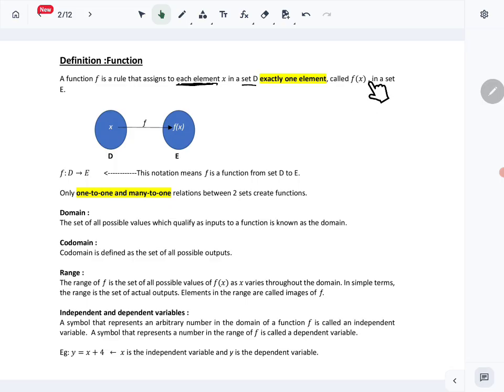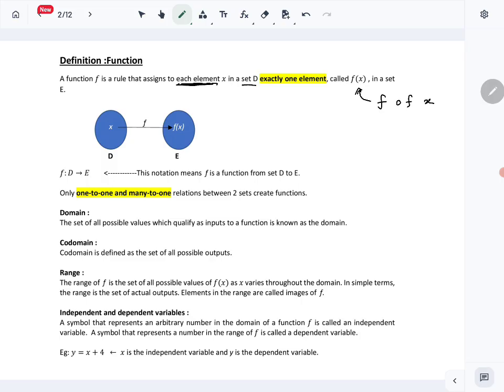This is read as f of x, or function of x, in set E. So each element x in this set has to be connected to exactly one element in f of x, or set E, right?